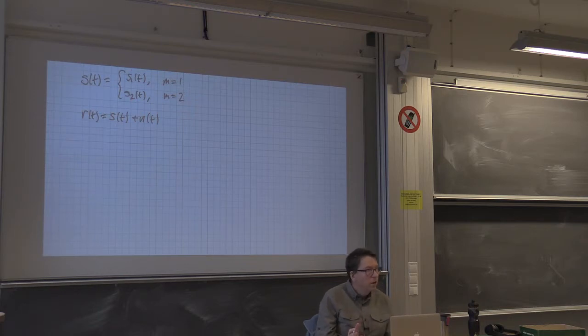What is preventing us from doing perfect transmission here is the noise, right? If there was no noise, we could just look at S and determine whether it's S1 or S2. And if it's S1, then we know that M is equal to 1. So if there was no noise, let's forget about the noise, then we could just look at R equal to S. And if R is equal to S1, then we know that M is equal to 1. So we put M hat equal to 1. So the noise is the problem, right? If we have no noise, no problem.